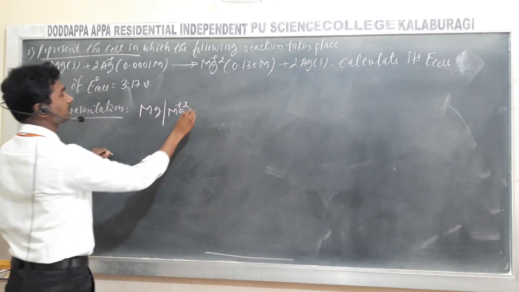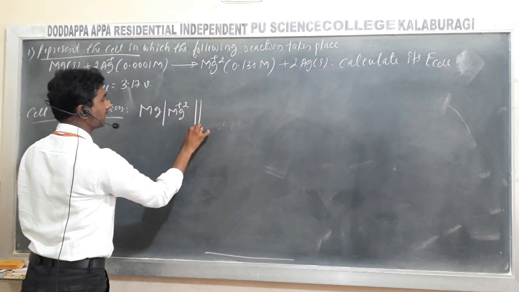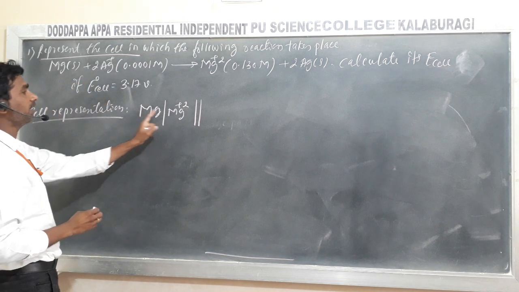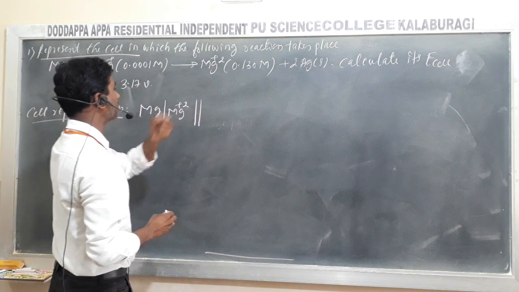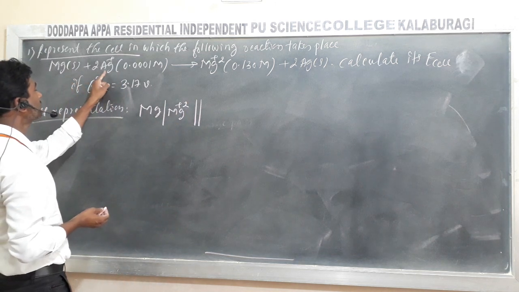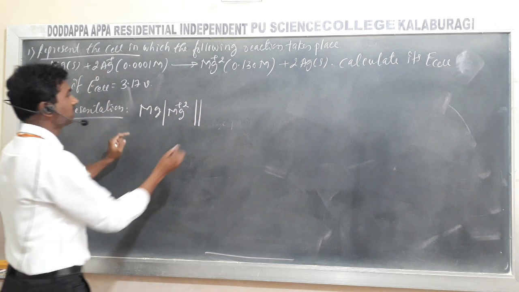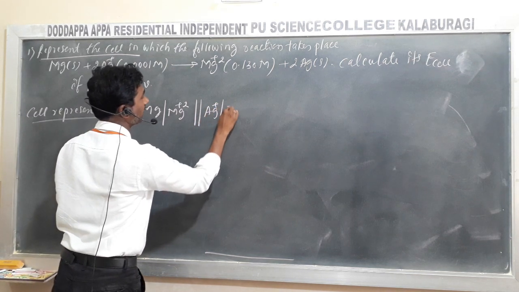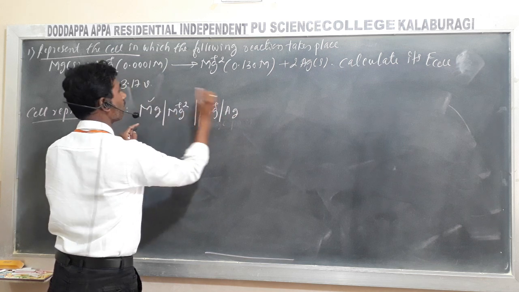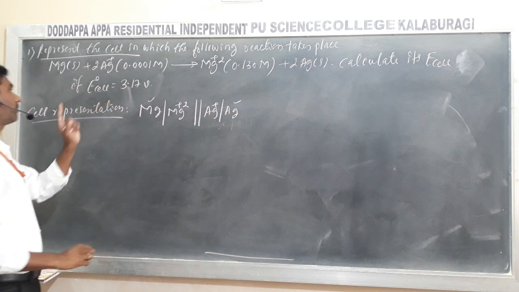These two electrodes are separated by the salt bridge, which is indicated by this line. Mg 2 plus is the oxidation half cell. Next, the reduction half cell is Ag plus, and then Ag. So the metal is always at the extreme end. This is one more question.